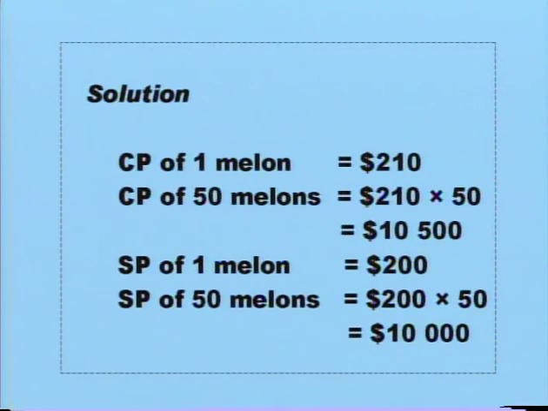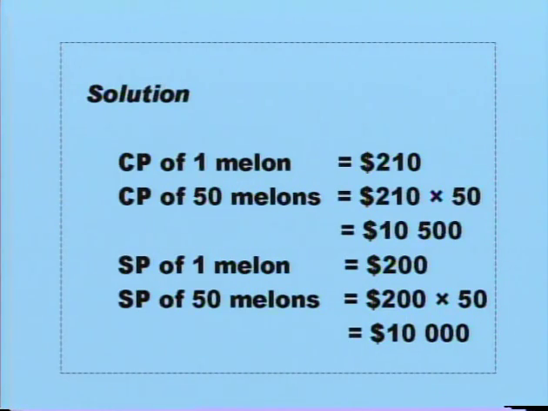The cost price of 1 melon is $210. Cost price of 50 melons will be 210 times 50, which is $10,500. Selling price of 1 melon is $200. The selling price of 50 melons, 200 times 50, which is $10,000.